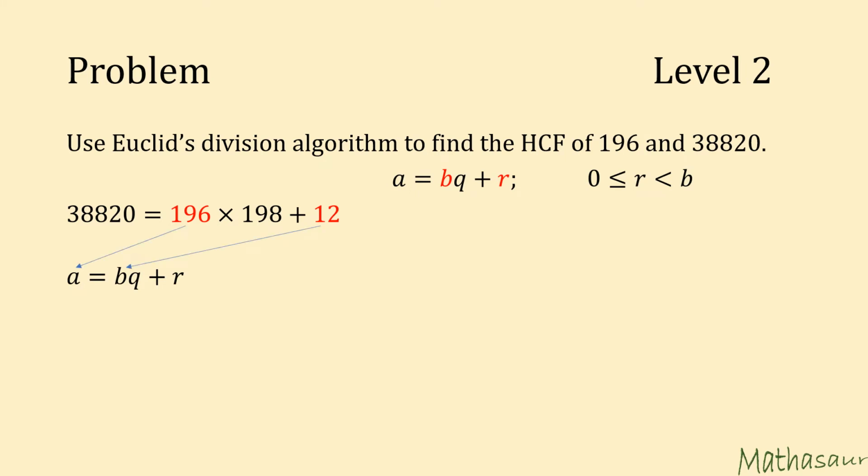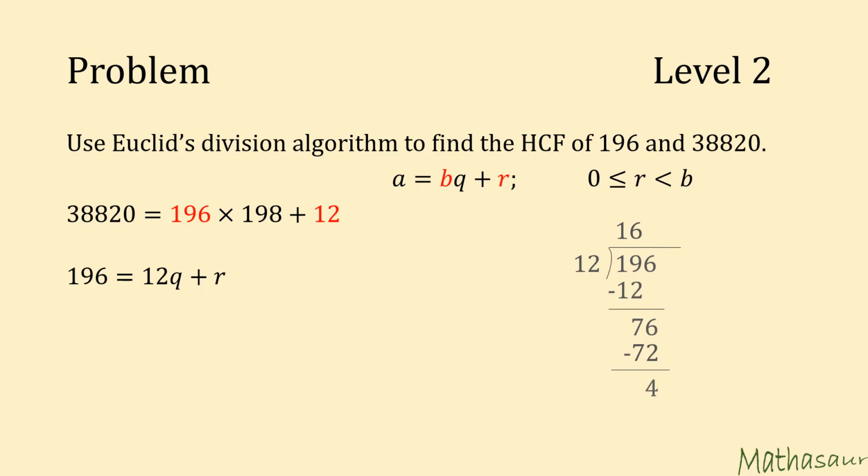So we write A is equal to BQ plus R once again, but this time A is 196 and B is equal to 12. So we are going to divide 196 by 12. Let us quickly do that. And we see that Q is equal to 16 and R is equal to 4.